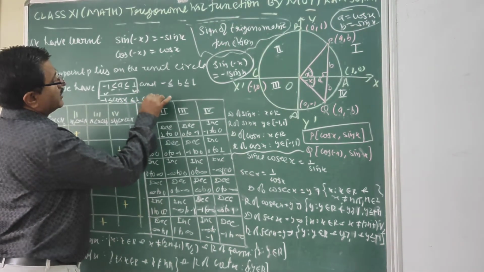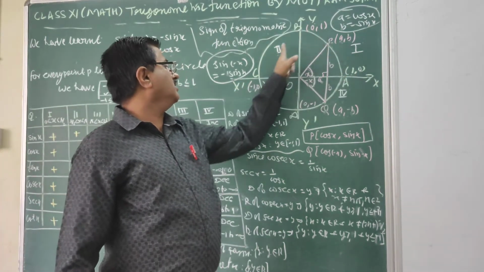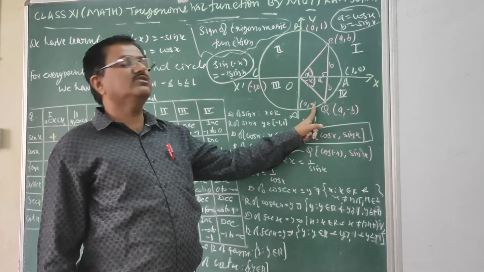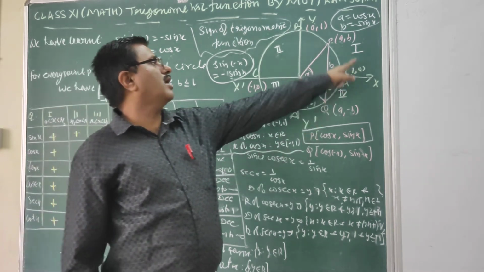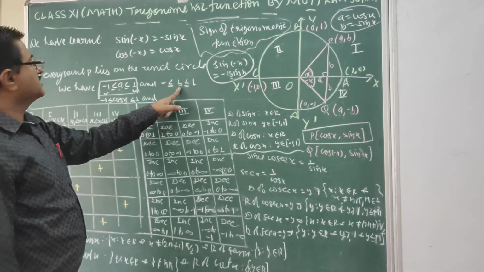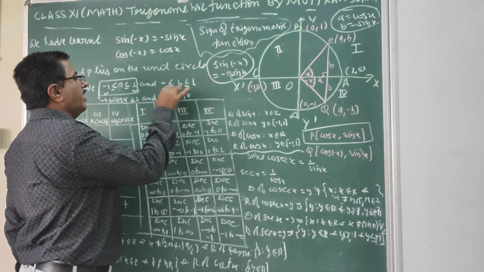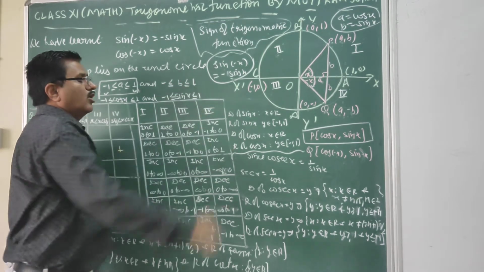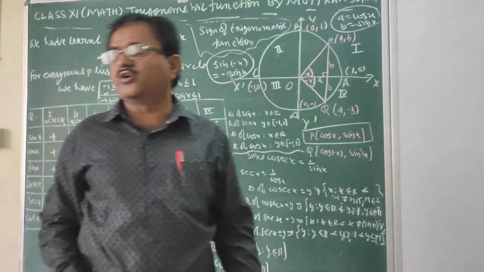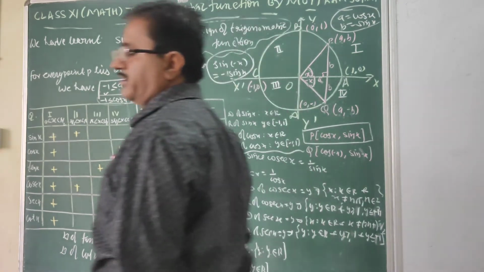Similarly, here the value of B, that is the y coordinate, 0, 1, 0, minus 1. So the minimum or lowest value is minus 1 and the maximum out of this is 1. So again B means sin x. So the value of sin x for any theta always lies between these. You can take any radian, 0 degree, 100 degree, 1000 degree, 10,000, million, trillion.